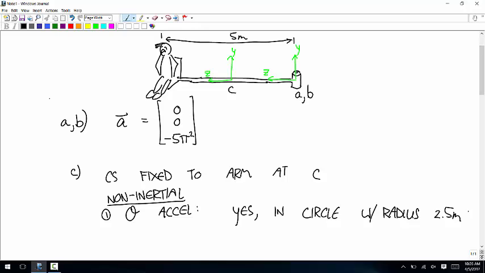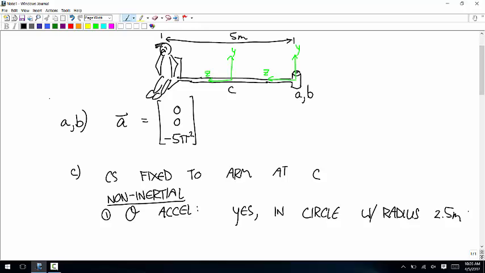In A, it was inertial. And all we had to deal with was the coordinate system fixed. So it just sees the astronaut go around once every 2 pi seconds. It just sees the astronaut go by. And that's a perfectly inertial coordinate system.